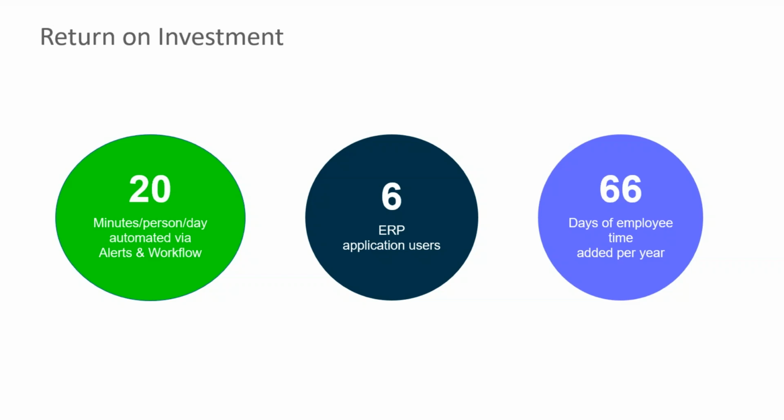And so an organization that has even just 6 users of an ERP application, at the end of a year, you're able to actually recoup a grand total of 66 days worth of employee time. And just think what you could do with that additional time to help grow your business.